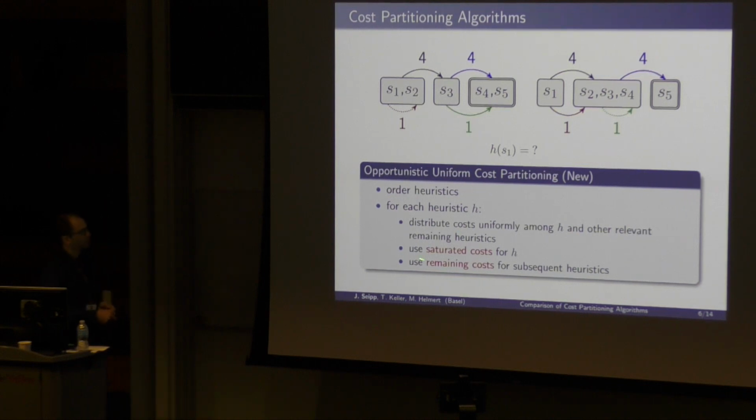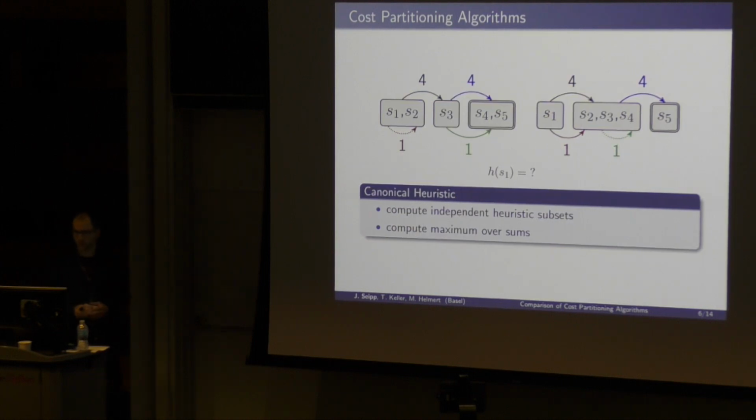But only using the saturated costs for each heuristic, so only the costs that are actually needed in this abstraction, and then we again use the remaining costs for subsequent heuristics. So in this case, we would offer the heuristic costs of 2, but it would see that it only needs 1, and then we can use the 1 in the subsequent abstraction. And yeah, giving us a heuristic estimate of 3 plus 4 equaling 7.